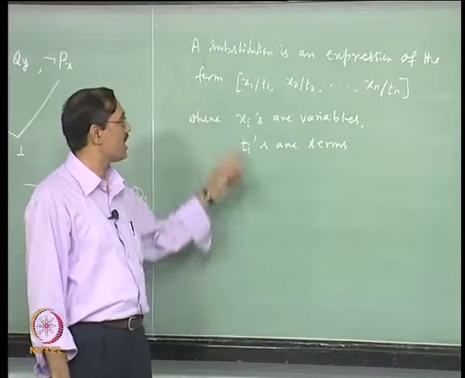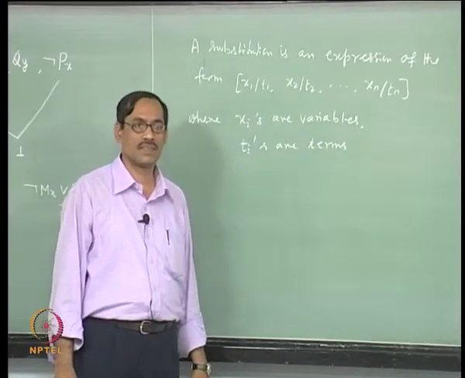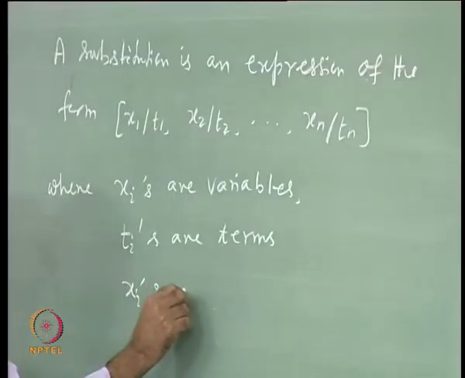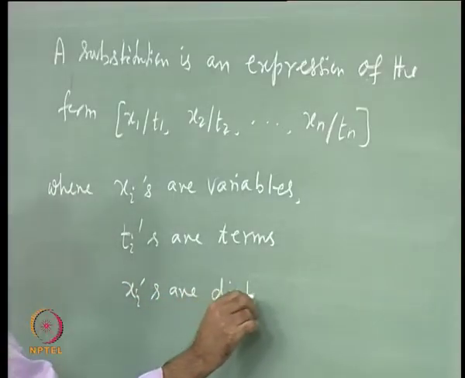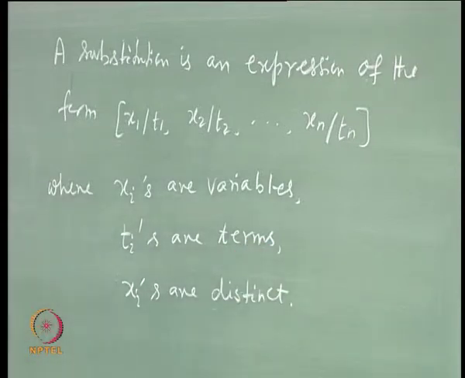So, we also assume that all these xi's are distinct. This much at least we need. Is that clear? That is how we will be tackling the substitutions now.